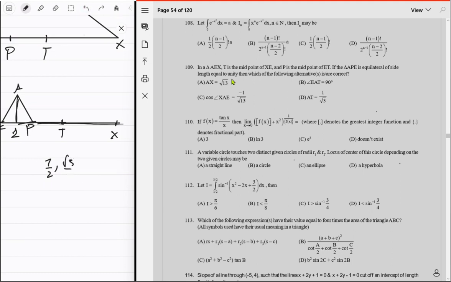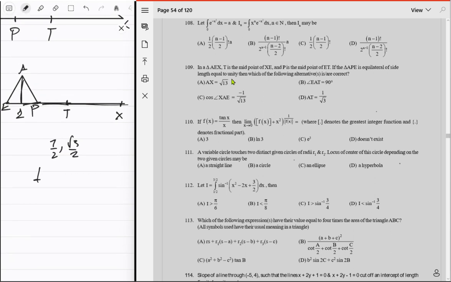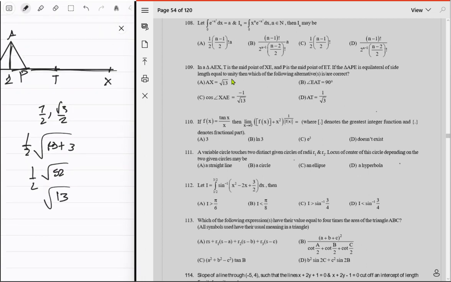Right, I mean like वो legs रहेंगे इसके. अपने को ax चाहिए, right? Oh yeah, root of 49 plus 3, which is 1/2 root 52. Okay, the square root of 13. Yeah, so A is correct.